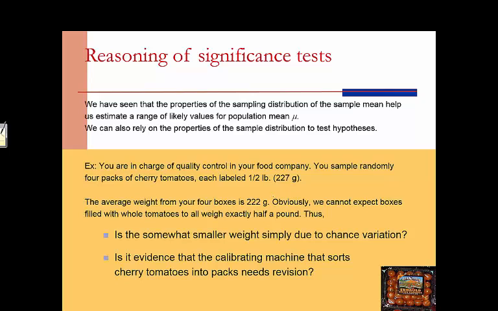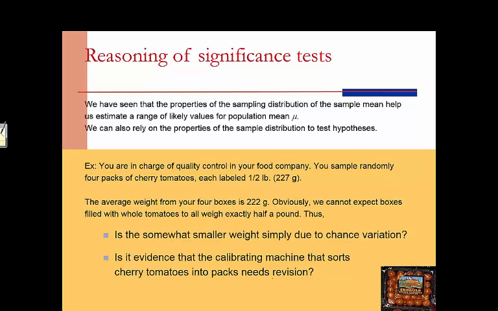So is that difference simply due to chance, or is it really saying that the calibration machine you're using has some issues, and so you should not be tagging your products with the half a pound tag? Do we need to revise the packaging?